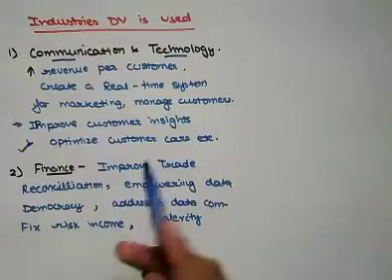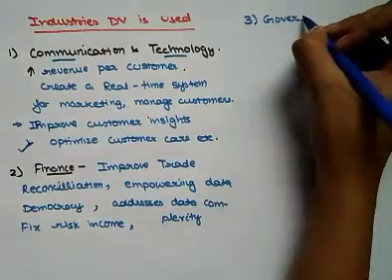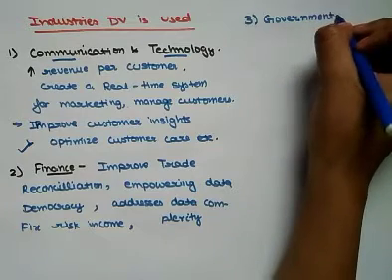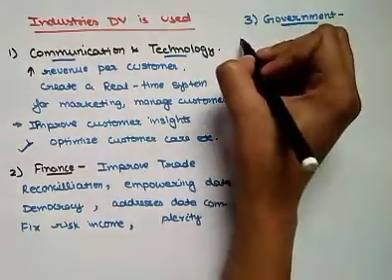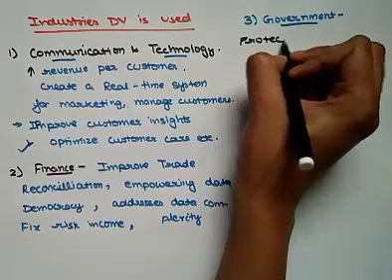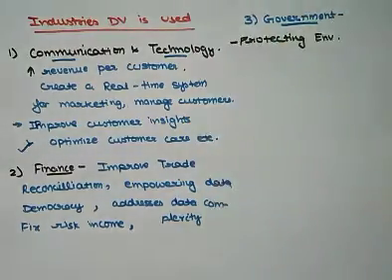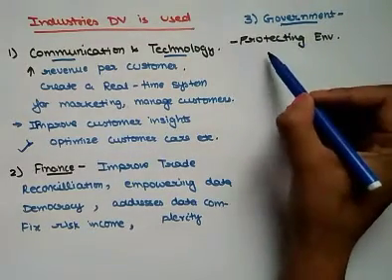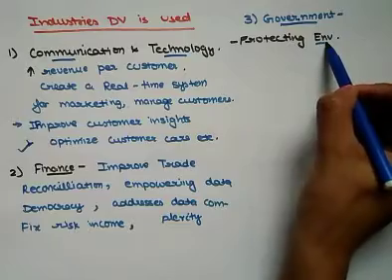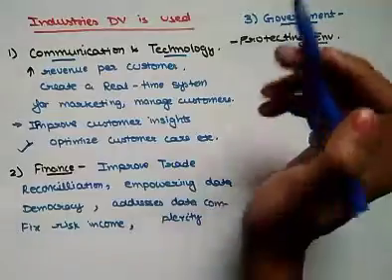The third point we have is government. In the government sector, data virtualization is used for protecting the environment, right? There are so many rules, so many systems under government which are used to protect the environment. All these environment protection rules follow data virtualization through cloud, right?